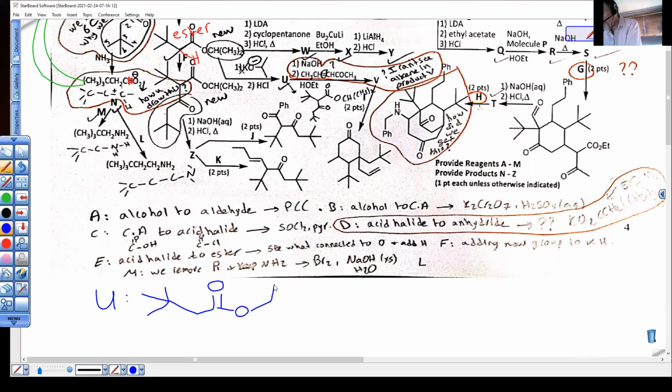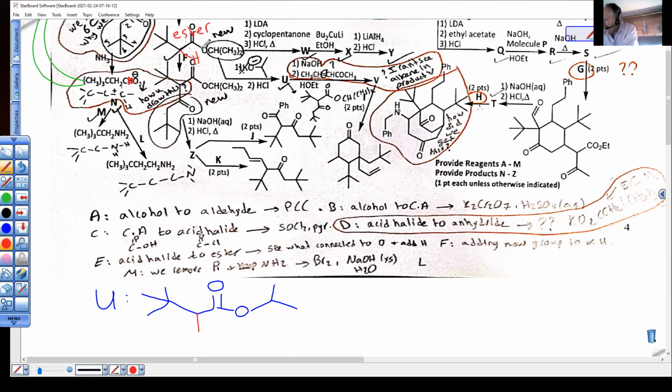O isopropyl. The new bond is to the alpha position, and it attacks a second version of the same molecule in a Claisen condensation, and it attacks the carbonyl. Electrons come up and make an O-.